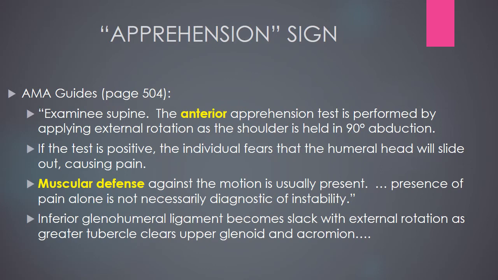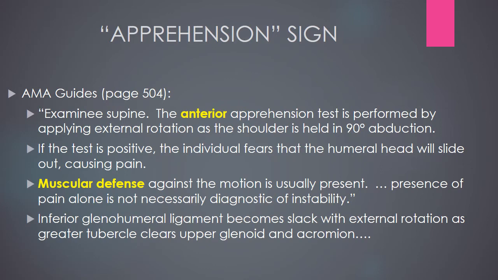So first of all, to perform the apprehension maneuver, we begin with the examinee supine. And it's going to be important to understand these positional placements of the examinee's arm, shoulder and various body parts, because we're going to refer back to these positions when it comes time to discuss our exercise and rehabilitation recommendations.